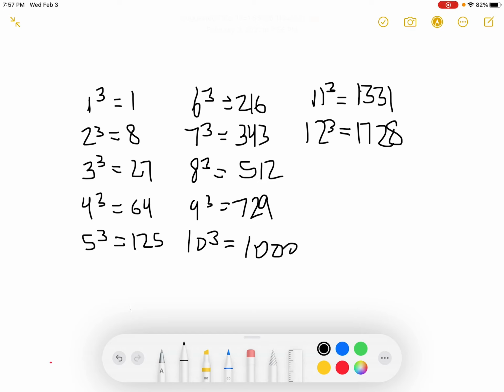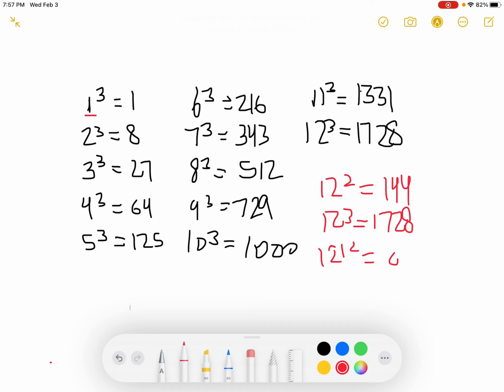It makes a difference what numbers are up here. Because remember, look at the difference. They start out the same, 1 cubed and 1 squared are 1. But then when you get to 12, 12 squared is just 144. But then 12 cubed is 1728. Let's look at 12 to the 12th power and see how big that is.